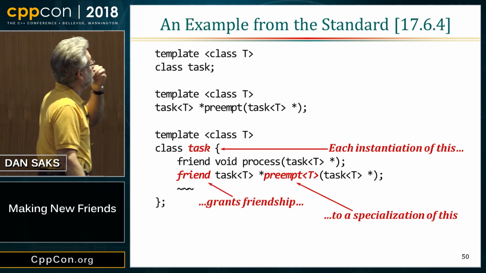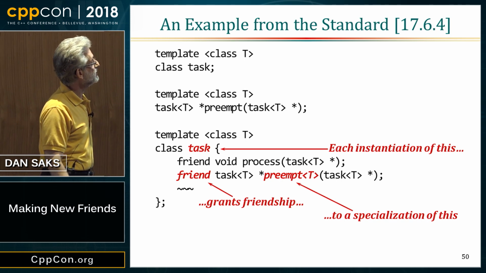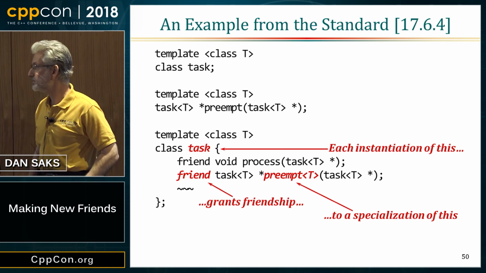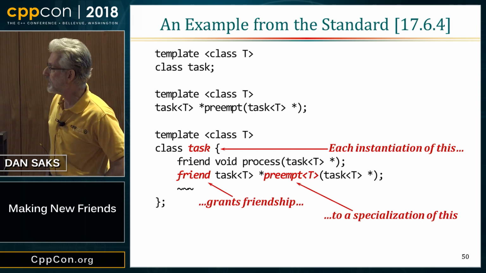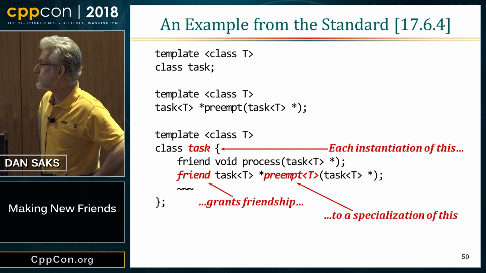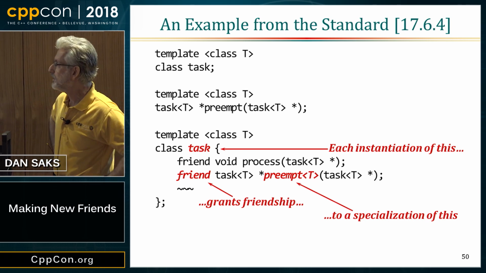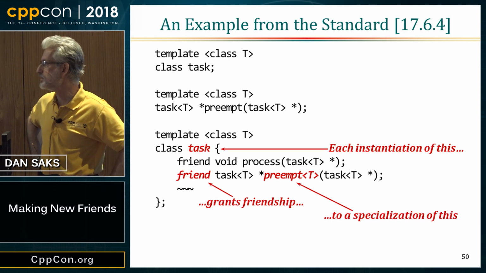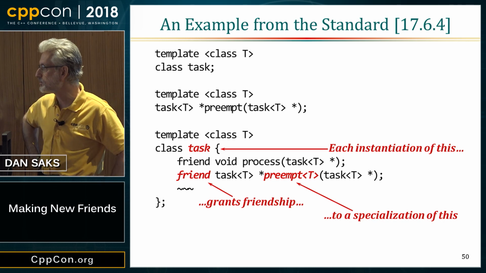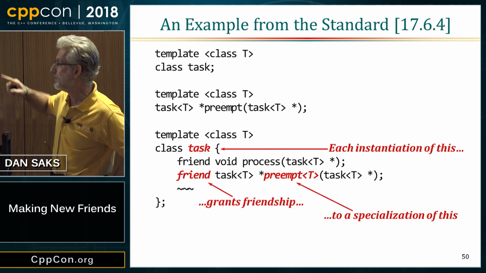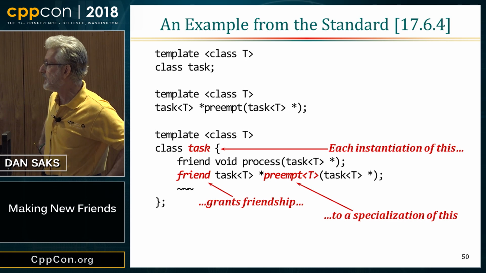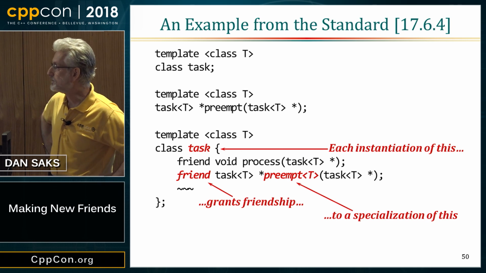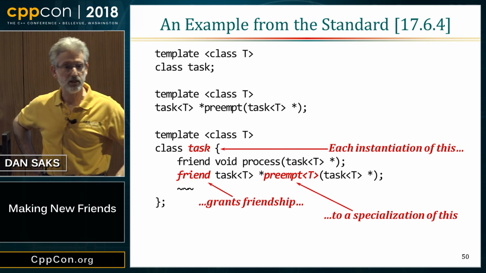And this example, I've reformatted a little bit to make it easier to read, but this comes right out of the C++ standard. It's still there. At the bottom, we have a class template called task. And notice that it has two friend declarations in it. The first of those is for something called process, and the second one is called preempt<T>. What it's saying is that the second friend declaration is actually granting friendship to the specialization of a template.